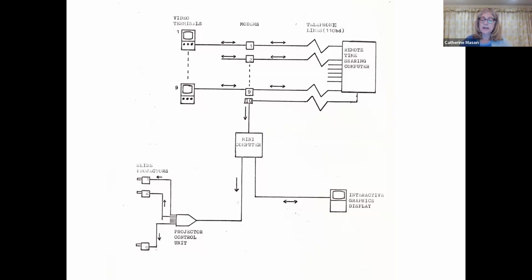So in the original iteration, which was at Computer 70, in 1970, under the dome, as we saw, there were 9 Tektronix graphics terminals, and these were the first such terminals in Europe that had tracker ball interaction. So very, very advanced. These were attached to a computer-controlled 35 millimeter slide projector, as we talked about. These were controlled by an interface from Electrosonic. And then there were acoustic couplers linking the terminals to the remote time-sharing computer.